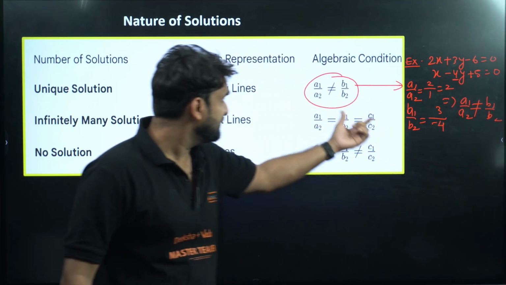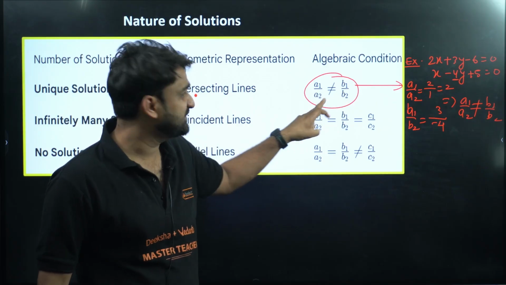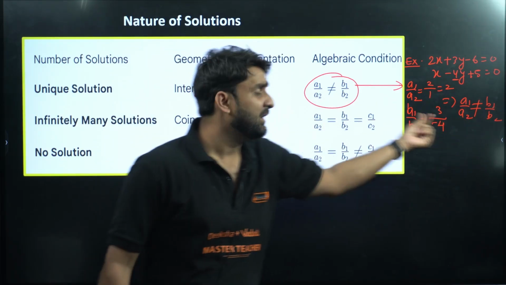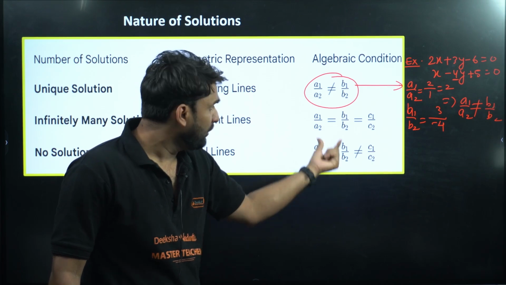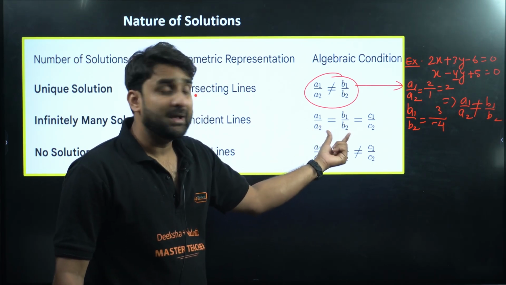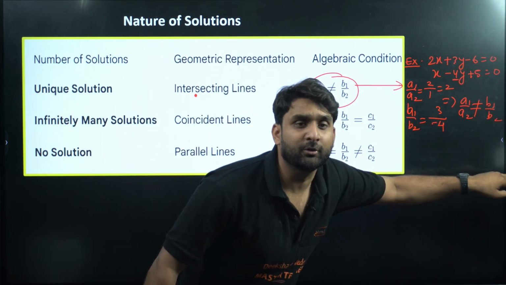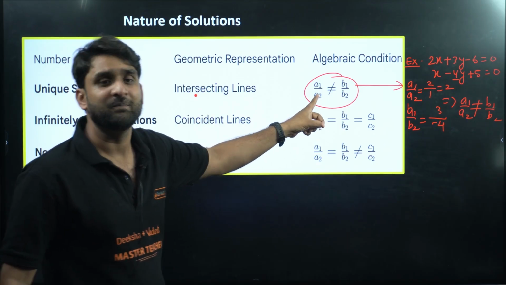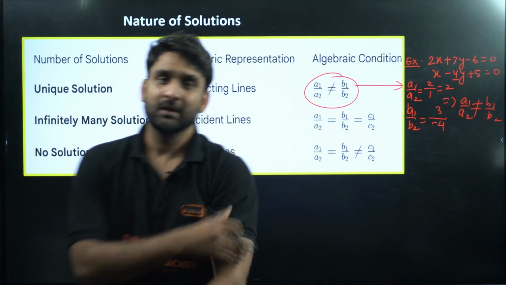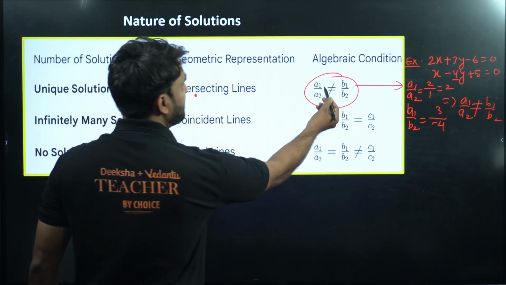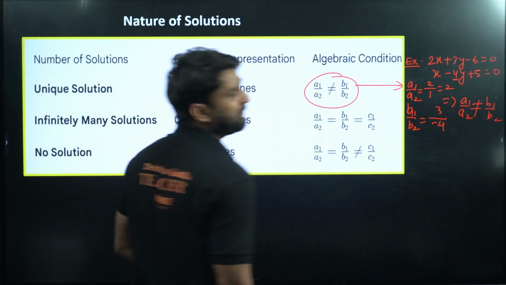This situation, a1 by a2 not equal to b1 by b2, is present in only one case. So we don't need to focus on c1 by c2 now.